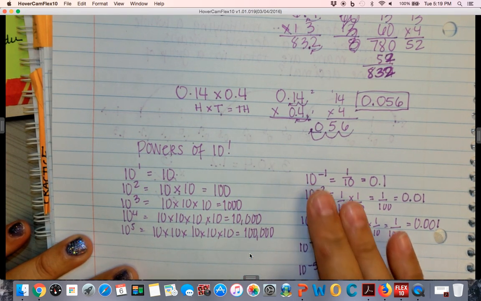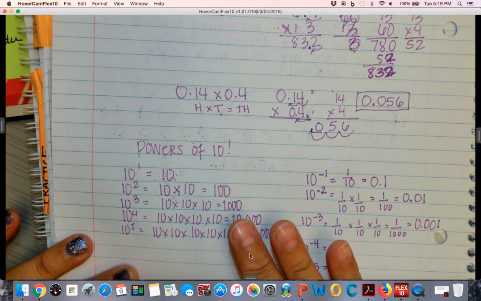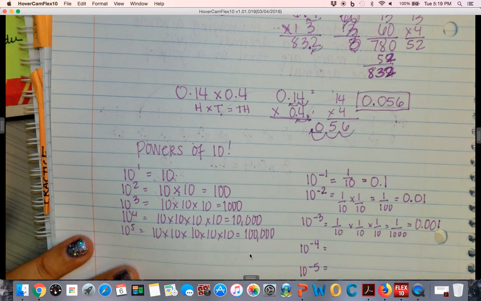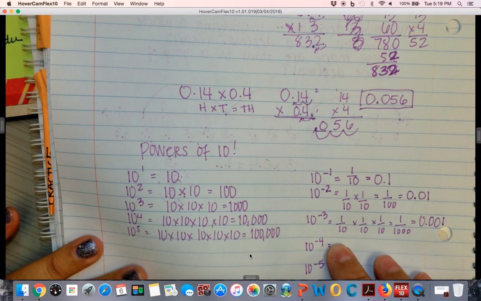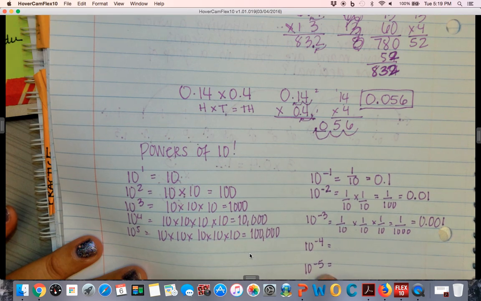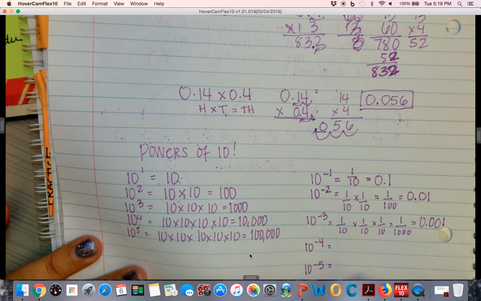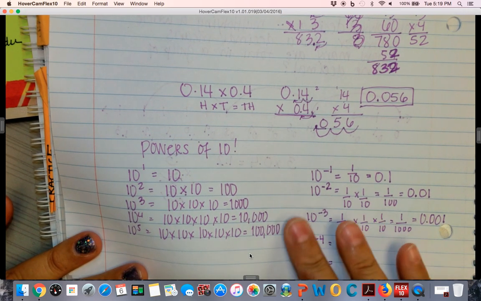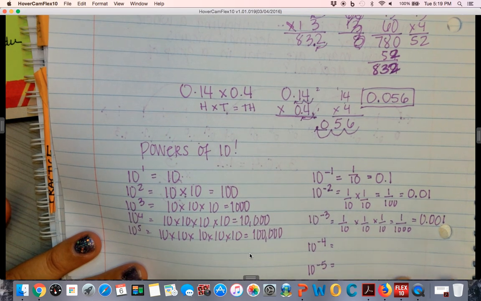Negative makes my numbers smaller, and then it creates decimals. So finish off 10 to the power of 4, 10 to the negative 4th, and 10 to the negative 5th. We'll talk about it tomorrow, and it will help us with this activity that we're going to be doing.